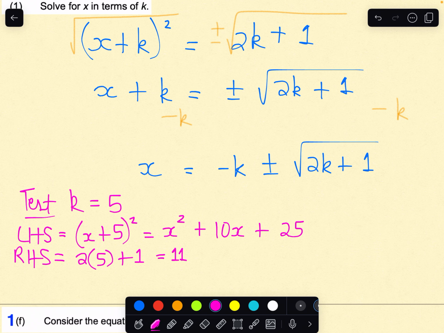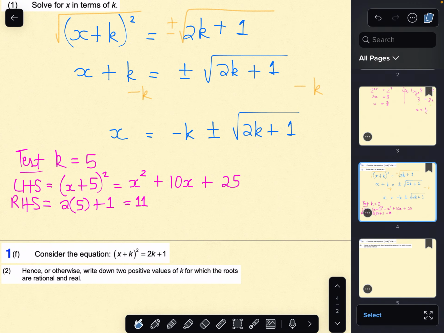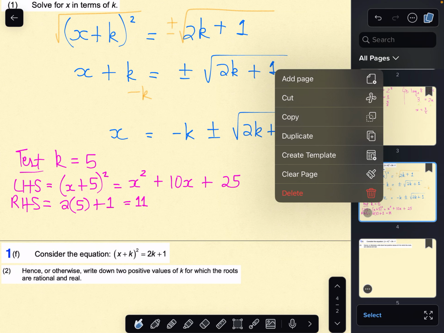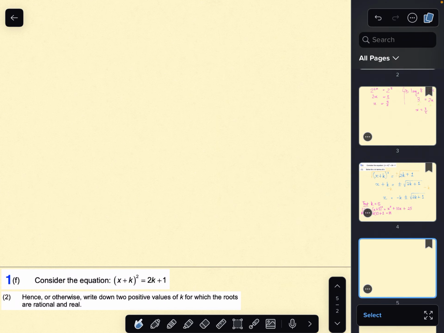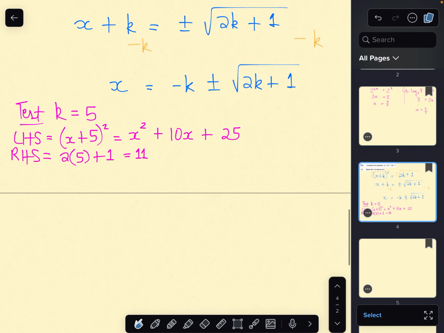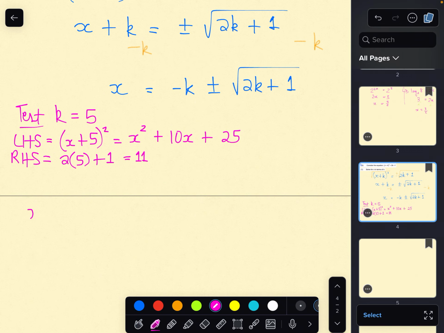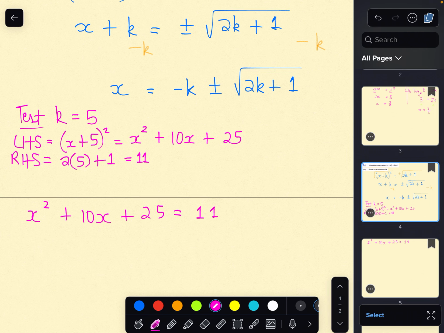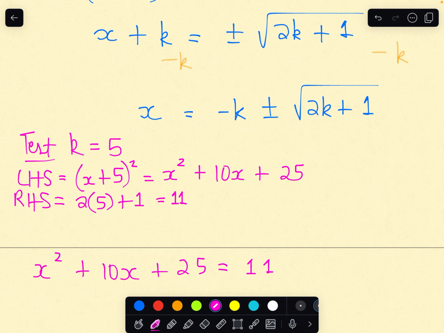So now the task would be, given this equation, which is what the equation becomes when k is equal to 5, we want to find the solutions. In fact, I could try to be nice to myself and choose better numbers, because k = 5 is going to give me nightmares.